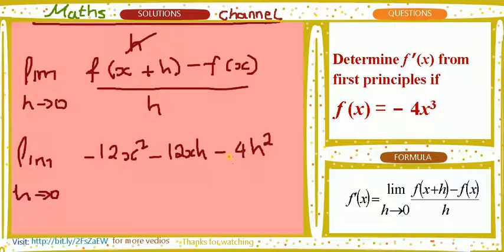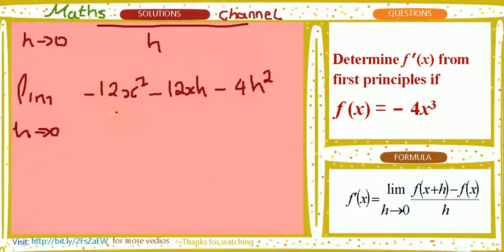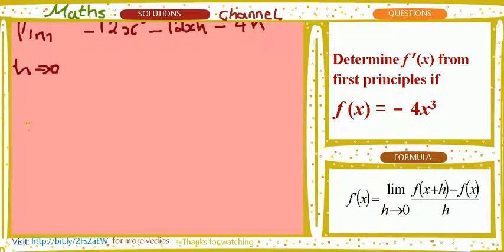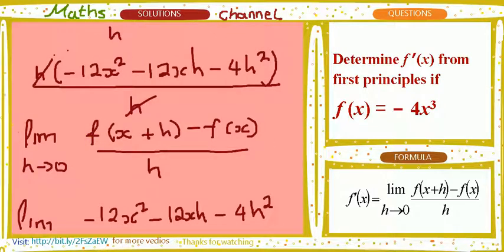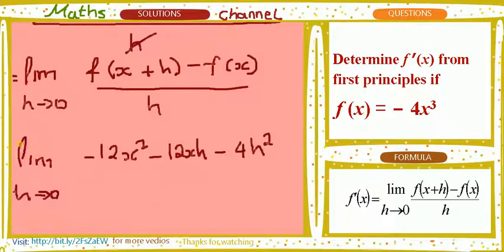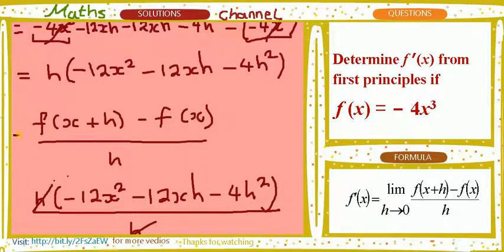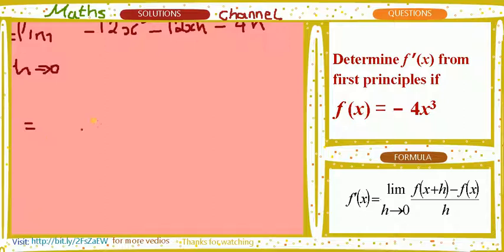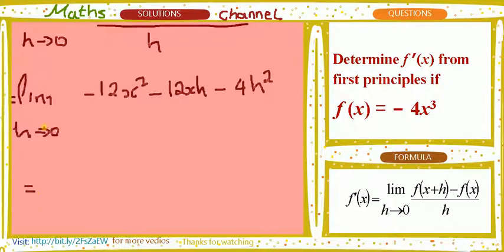Then from here we'll substitute the 0. When you substitute the 0, we'll have something like negative 12x square.